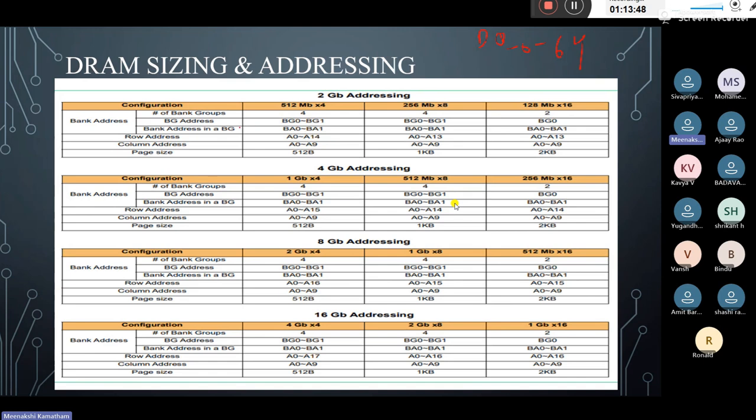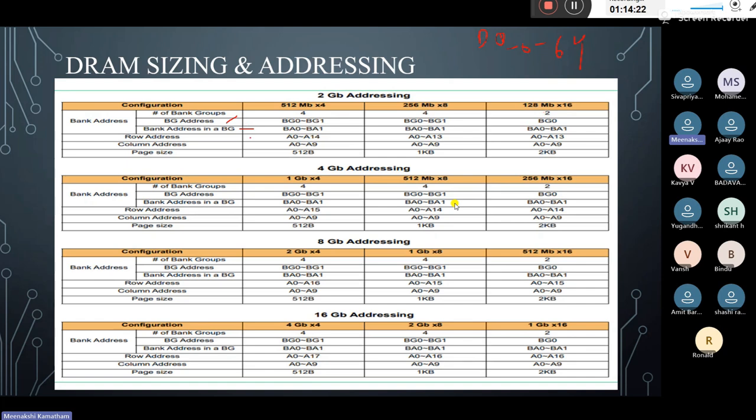Coming to the bank address and bank group: there are 4 bank groups, bank group 0 to bank group 3, meaning 00, 01, 10, 11. So for 4 bank groups we need 2 bits. The bank group address is the same for x4 and x8. For x16 we use only 1 bit, because we have only 2 bank groups, so 1 bit is enough to select them.